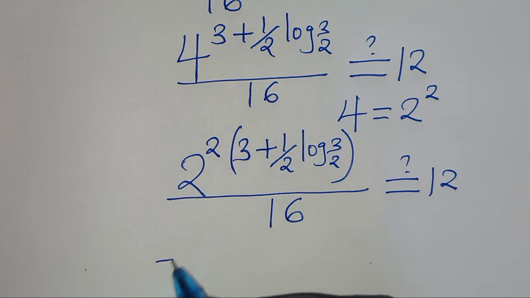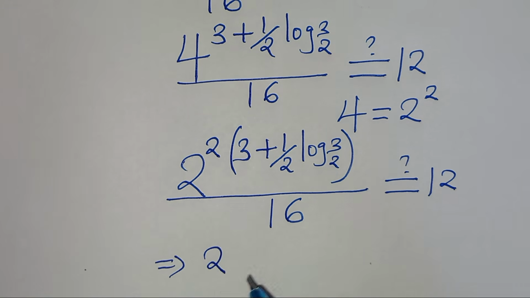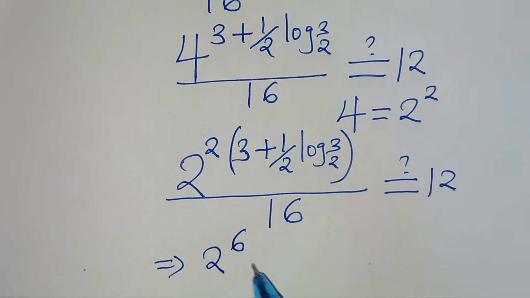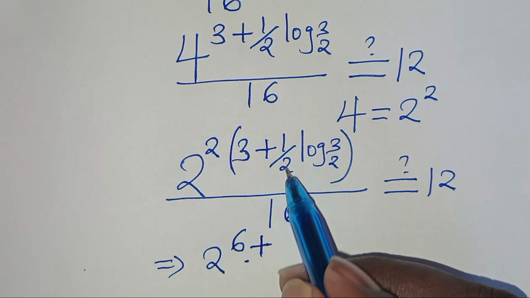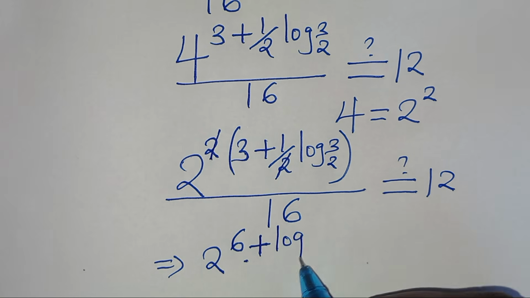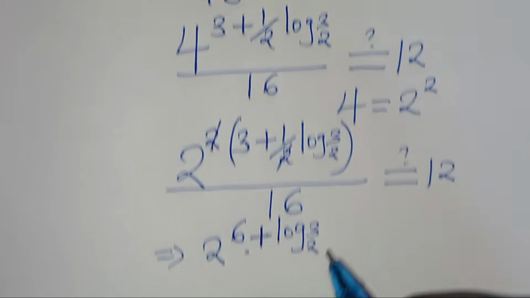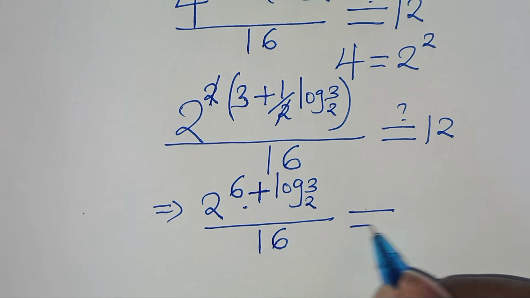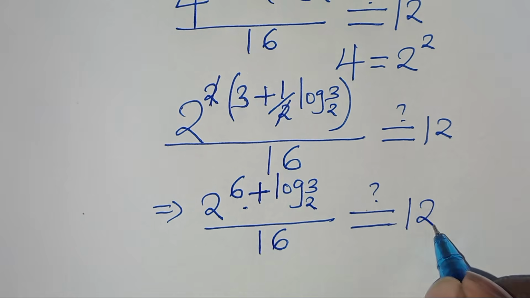So here we have 2 raised to the power of 3 times 2, which is 6, then plus 2 times a half, so 2 and 2 simplify, plus log 3 to base 2, divided by 16. This should give us a value of 12.